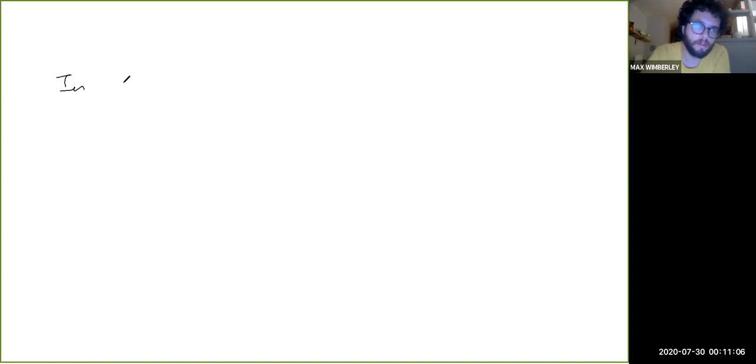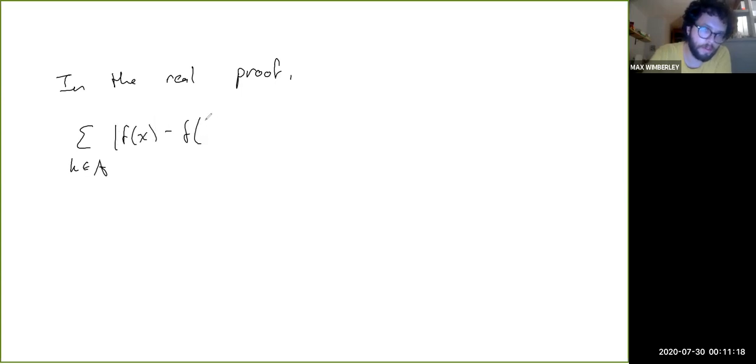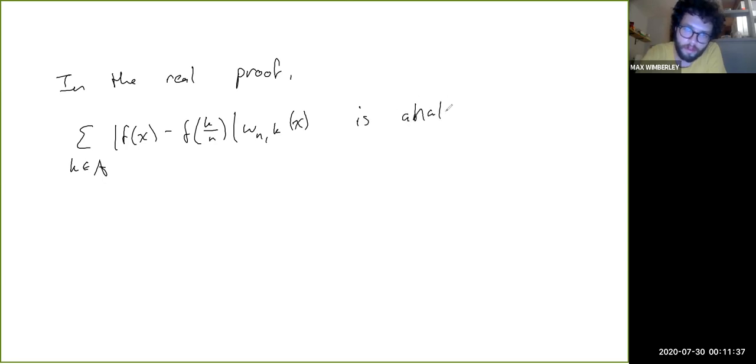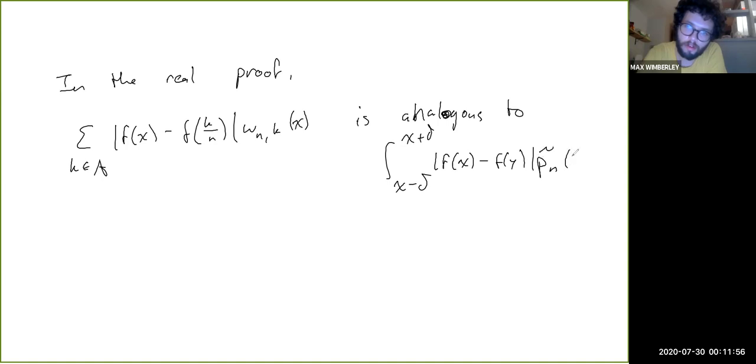So in the real proof, the sum over k in A of f of x minus f of k over n times w_nk of x (of course, they don't use my notation of w_nk, but I'm just using it for efficiency) is analogous to the integral from x minus delta to x plus delta of f of x minus f of y times p tilde of y dy in the probability version.